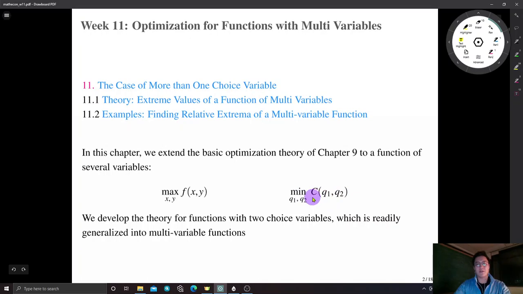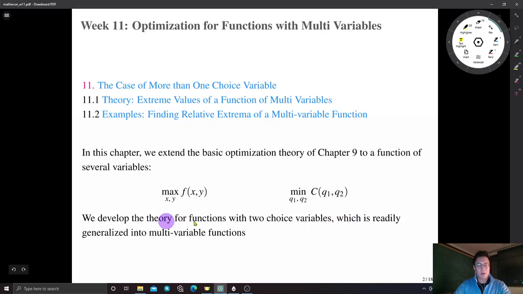And the most efficient production plan, Q1 and Q2, will be the solution to this optimization problem. So we will encounter this kind of optimization problem several times when we study economics, okay? That optimization problem appears in economic context very naturally, so we should know how to deal with that, okay?